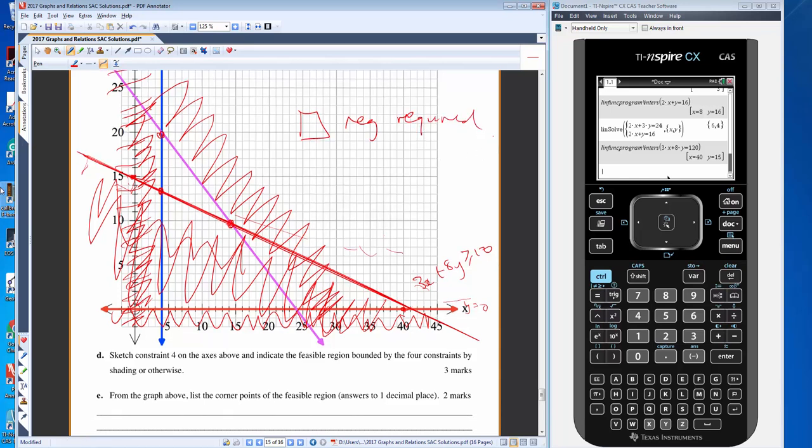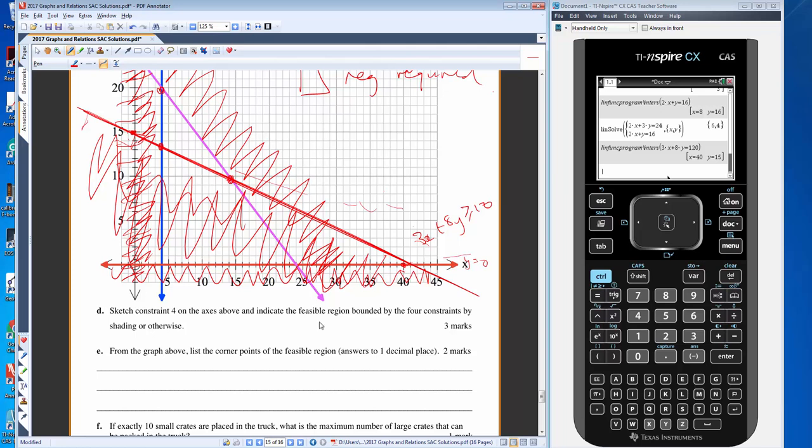Alright, so corner points to 1 decimal place. So we're going to have one here that I'm not 100% sure about. This one I'm pretty confident is 4, 20. What we're going to do is see where these intersect.